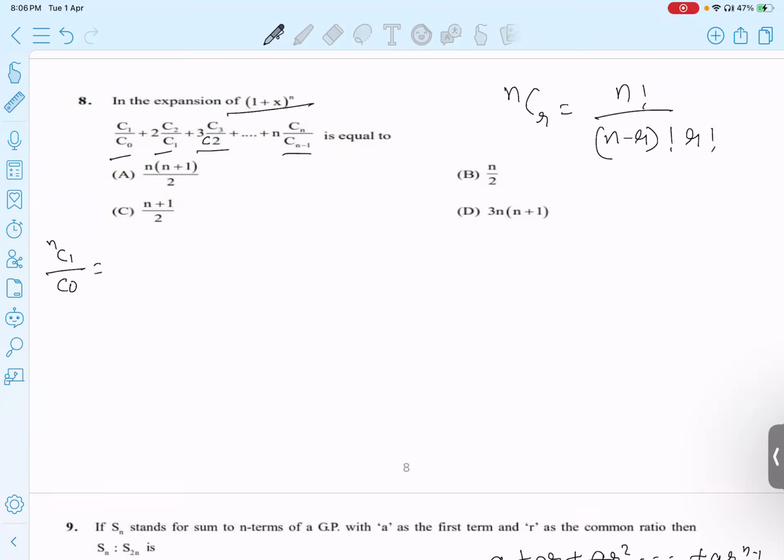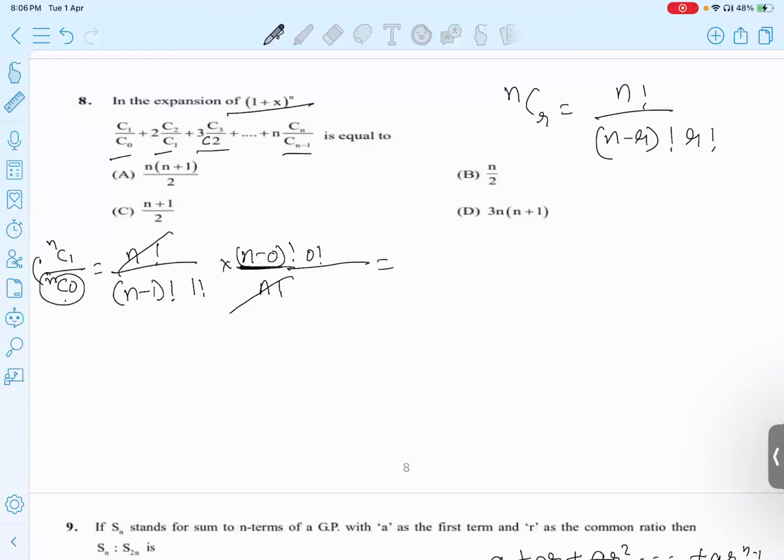So now let us find what is nC1 by nC0. nC1 is n factorial by (n minus 1) factorial into 1 factorial, and the reciprocal of 1 by nC0 is n factorial by (n minus 0) factorial into 0 factorial. So now n factorial will cancel.